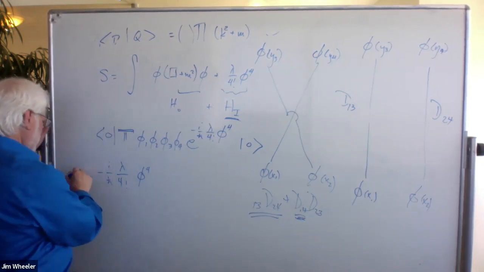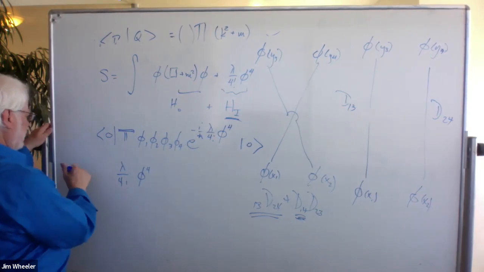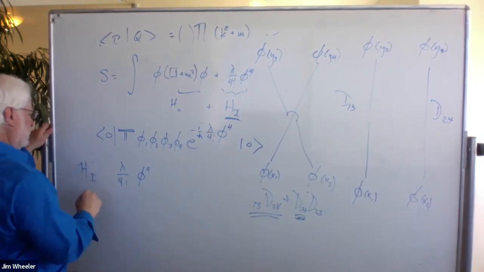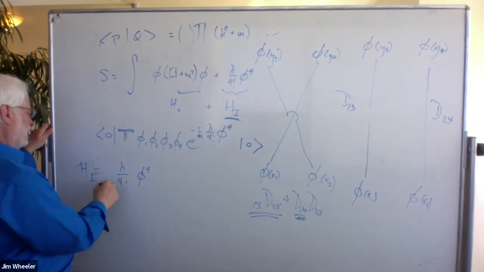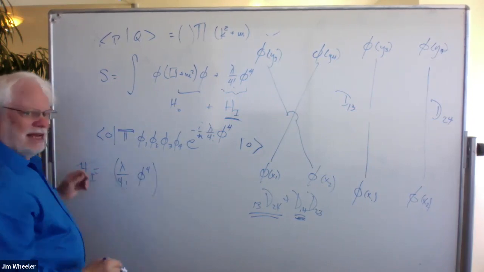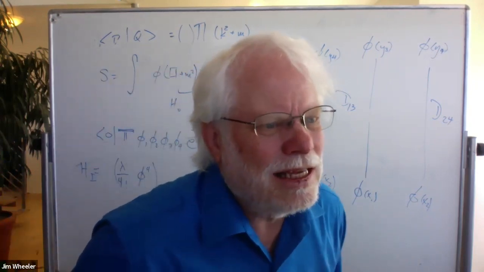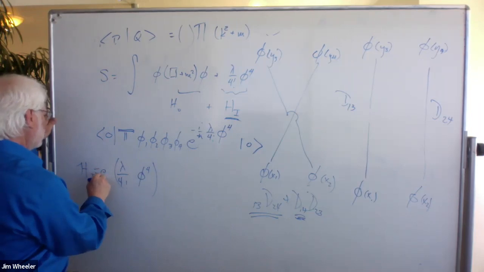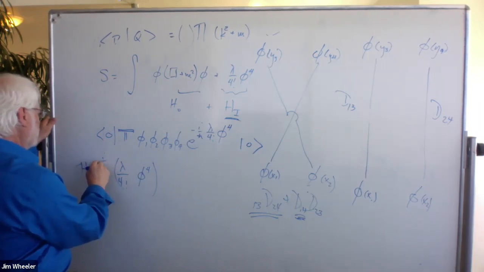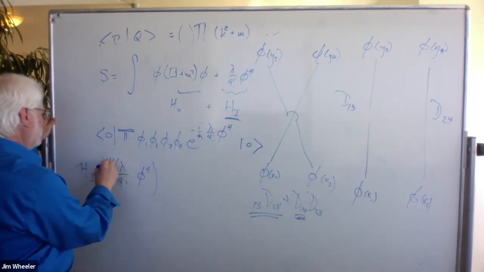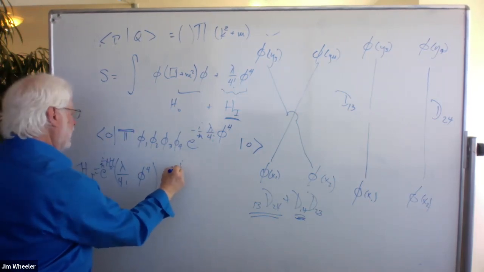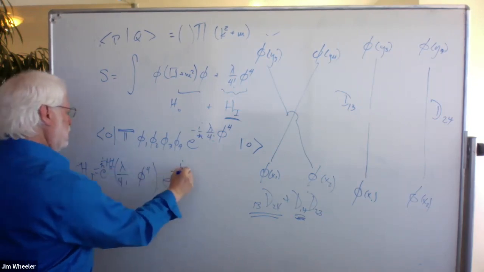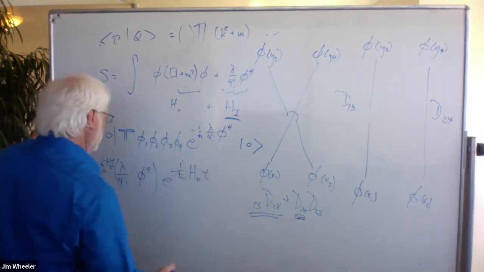No, sorry, what I want is the interaction Hamiltonian. The interaction Hamiltonian is this, remember, times the free particle Hamiltonian time evolution, so e to the minus i over h bar h0 t here, times h0 t here.